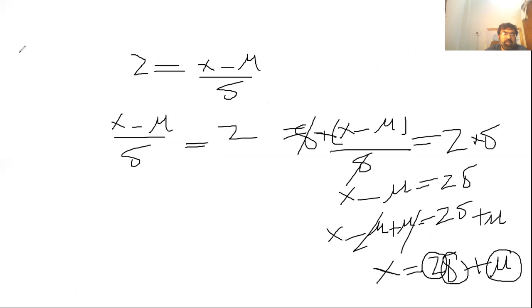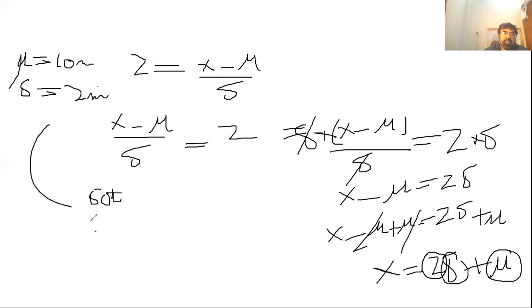The data over here is mean equal to 10 minutes and standard deviation equal to 2 minutes. Now for the 50th percentile and then for the 84th percentile.